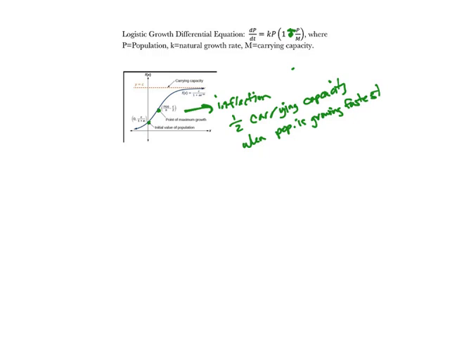All right, so our logistic differential equation is dP over dt equals KP, so K is some growth constant, times the quantity 1 minus P over M, and M is your carrying capacity, P is your population, K is your natural growth rate, which sometimes you have to solve for, okay?